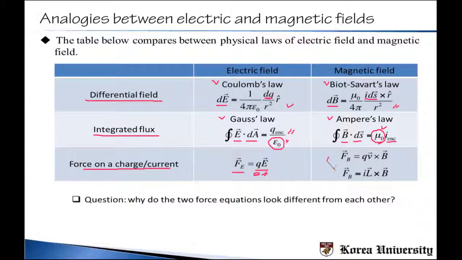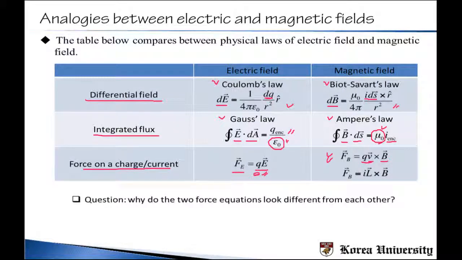But in the case of the magnetic field, it is very important that the electric charge has to move, so we need the velocity vector. If you take the charge and the velocity vector crossed with the magnetic field, you will get the magnetic force.